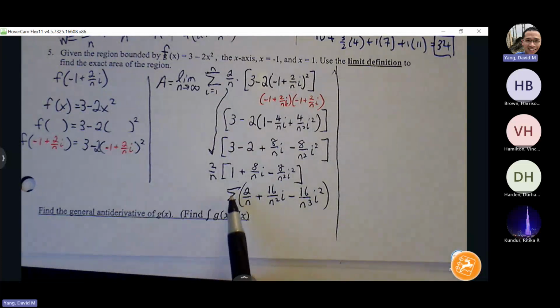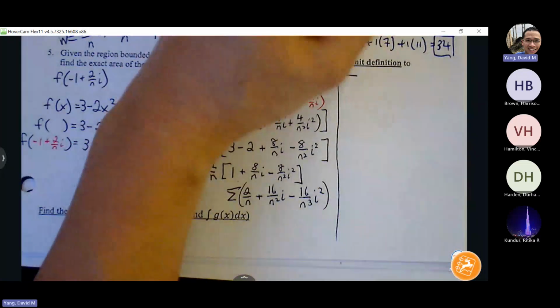Okay, we know that summation is going to impact each of our terms, so we'll put a summation in front of each of our terms there.